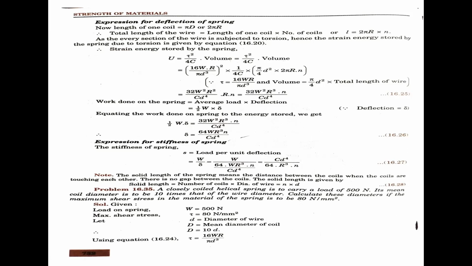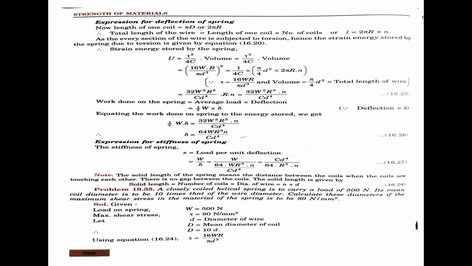Next, the expression for stiffness of spring. The stiffness of spring is equal to load per unit deflection, that means W by deflection. That is the formula for stiffness of spring.